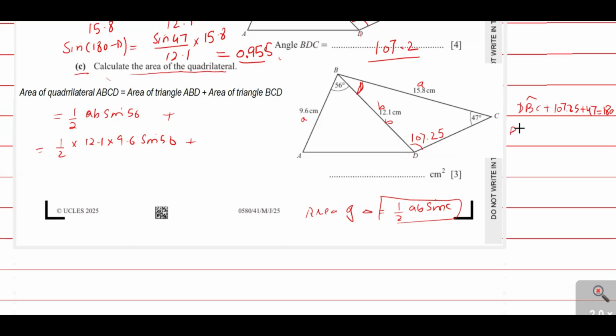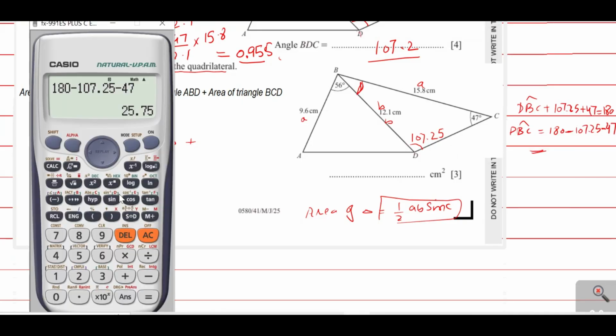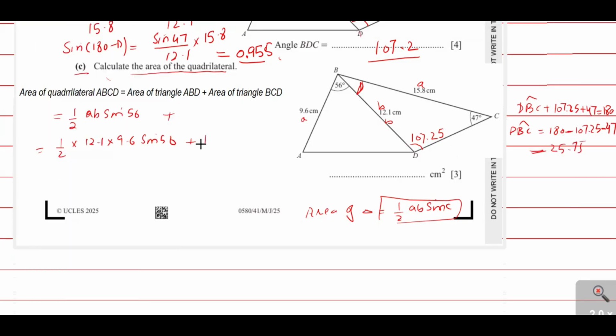And therefore, angle DBC will be equal to 180 minus 107.25 minus 47, and this value will be equal to 25.75.